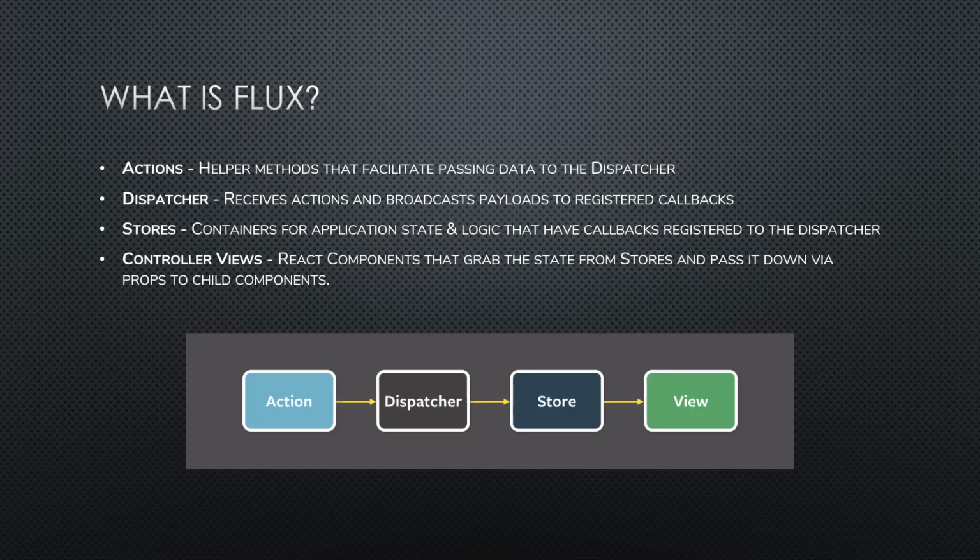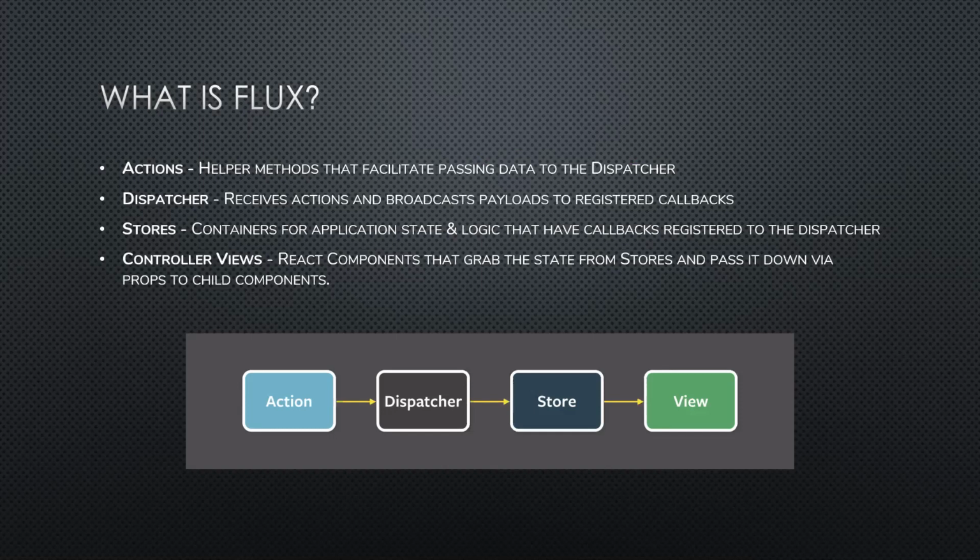And then the store. What is the store? The store is a container for application state and logic that has callbacks registered to the dispatcher. When the dispatcher dispatches the action, it broadcasts the payloads and sends the data to the store, and the store contains that data and stores it in itself.